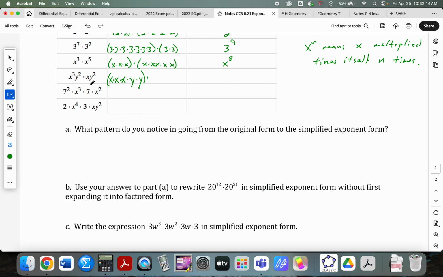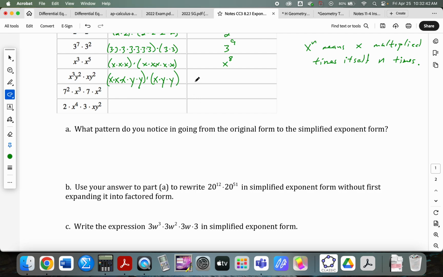Times, and this is where students sometimes get confused, this squared only applies to what is directly in front of it. So when we say that it's xy squared, how many x's do we have here? Just one. And then how many y's? 2.